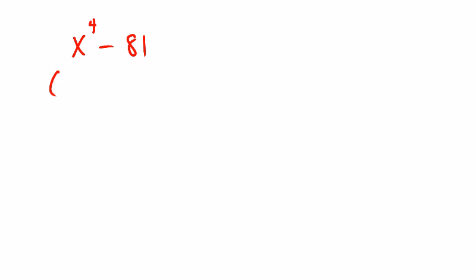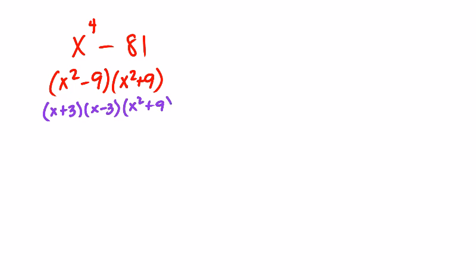And so it would factor to x squared minus 9 and x squared plus 9. And then you have to ask yourself, which one of these can I factor, if any of them? And I can factor the one that's a difference, a minus sign. So this would be x plus 3 and x minus 3, with the x squared plus 9 staying the same. And that's how you would factor a difference of squares problem.